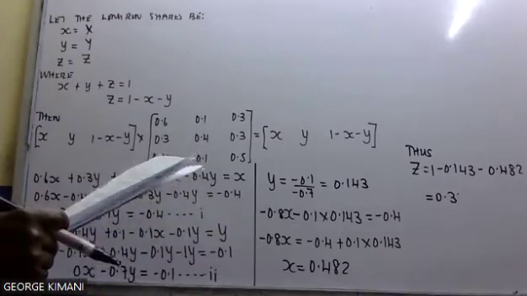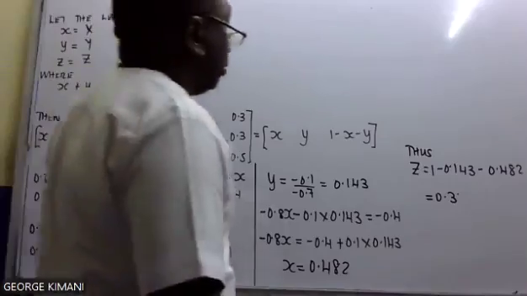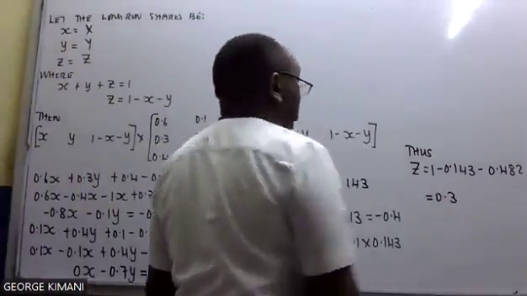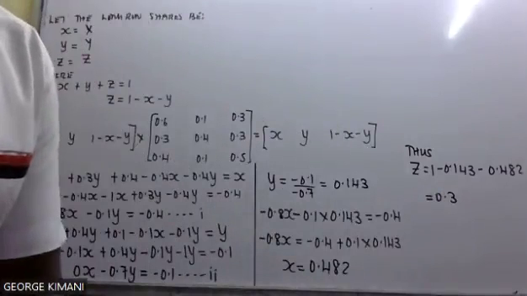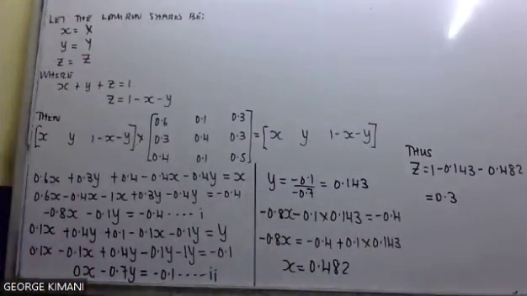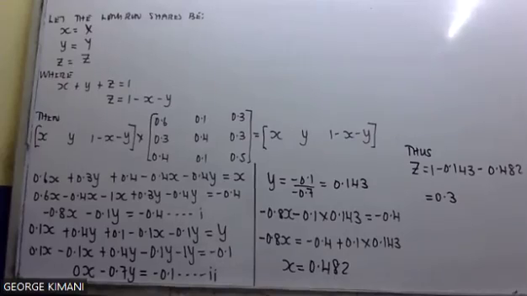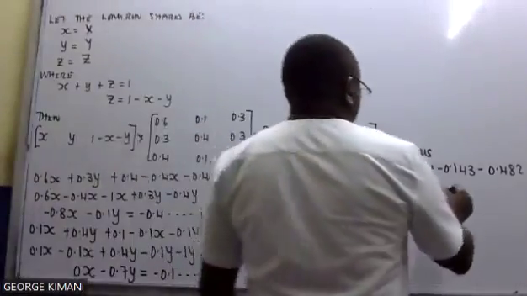That's fine, Mwalimu. I'm okay. Okay, good. So now Z will be what? 0.375. Good. 0.375.